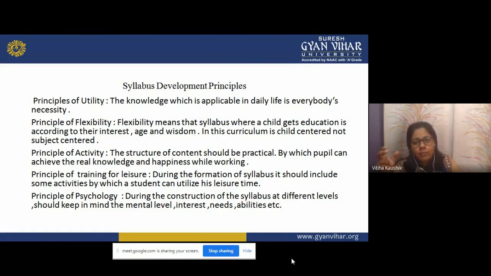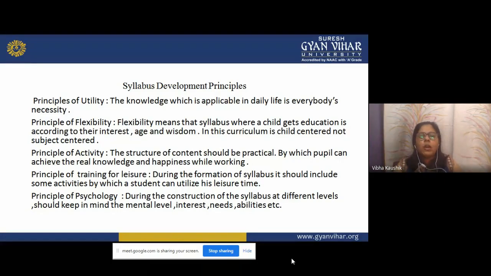in their daily life. For example, if I am teaching you mathematics, and that mathematics helps you apply the knowledge you have gained, then only we will say that the principle of utility has been established.